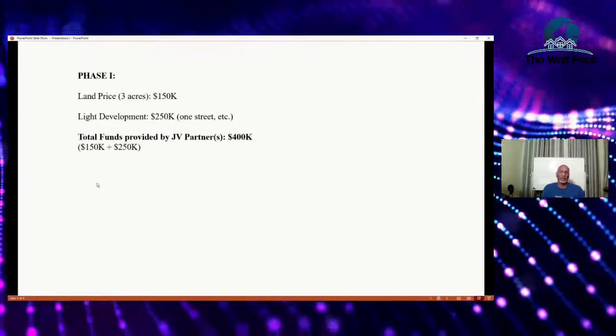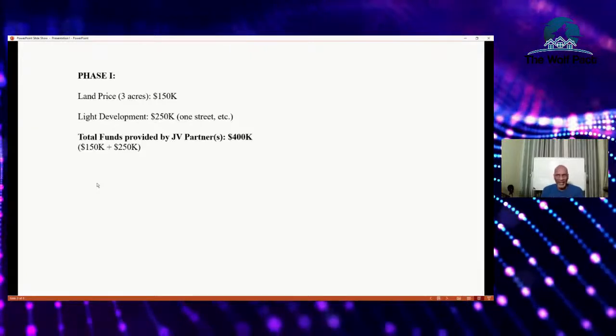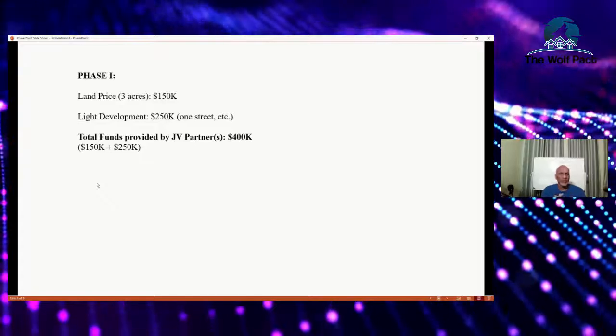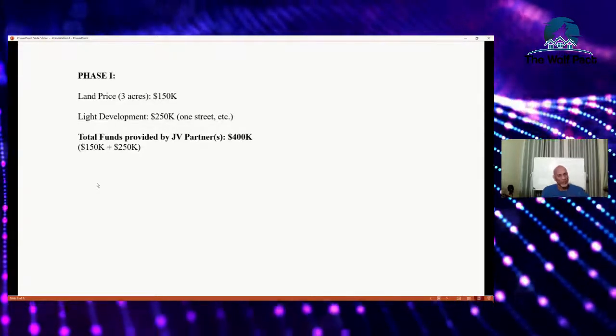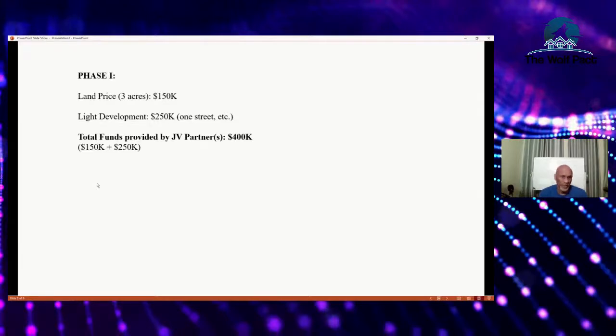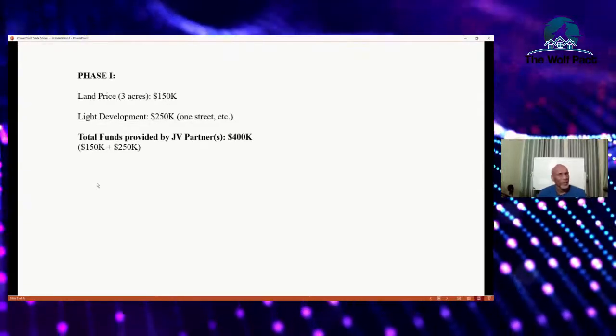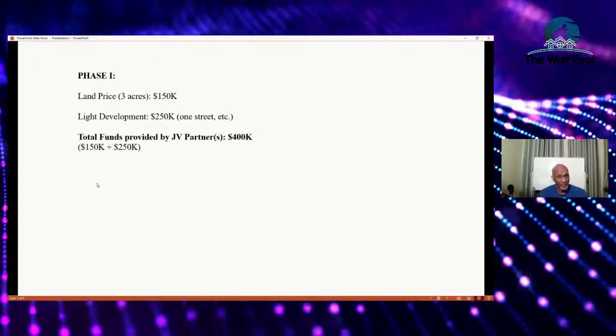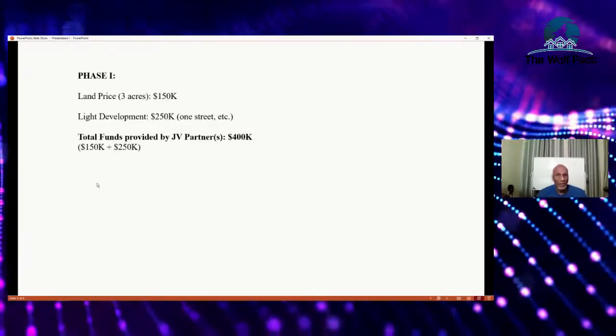Okay, again, phase one, we buy the land. We got light development, $250,000, total of $400,000 that we're going to make available for the JV partners to participate in. Then we'll have the mortgage ready landlords on standby if we need them in the long run.